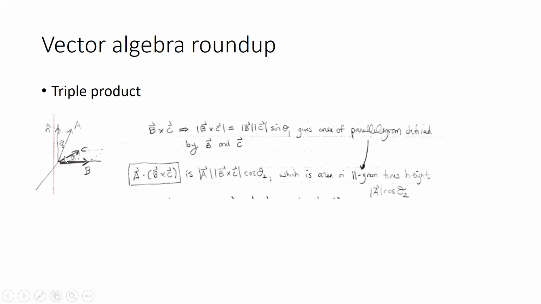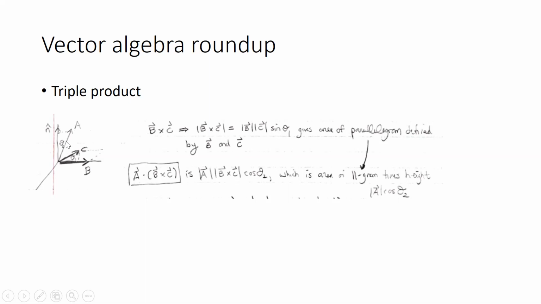And then to find the volume, we would need to scale that parallelogram by the height to which it extends. Now, it doesn't extend quite as far as the vector A, because A points at an angle.